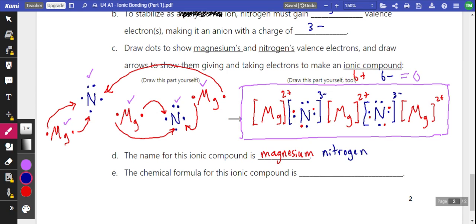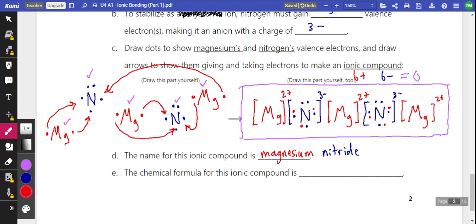So if you're stuck between, is it going to be nitrogide or nitride or nitrogenide? Usually after the first hard consonant noise, that's where we chop it off. So this is going to become nitride. All right. So let's clean that up. Nitride. So this compound is called magnesium nitride.